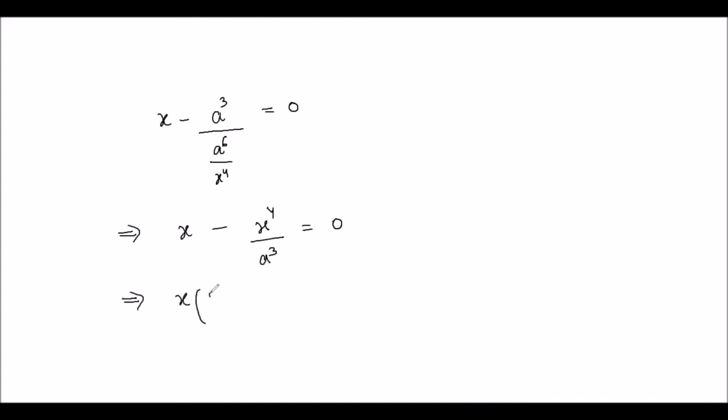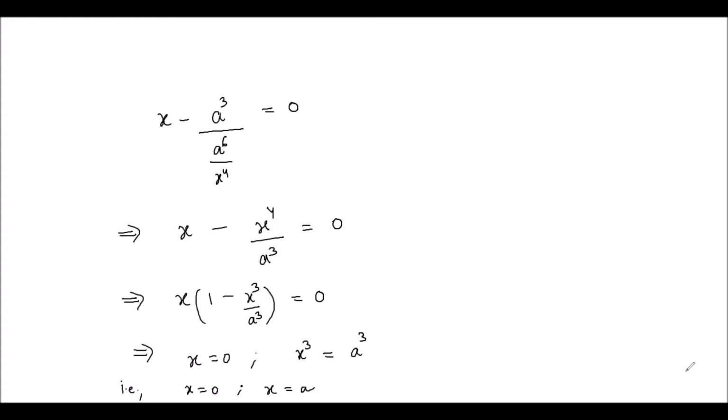So this will give us x as 0 and x cube equal to a cube. That is, x is equal to 0 and x is equal to a. So we are getting two values of x as 0 and x as a.